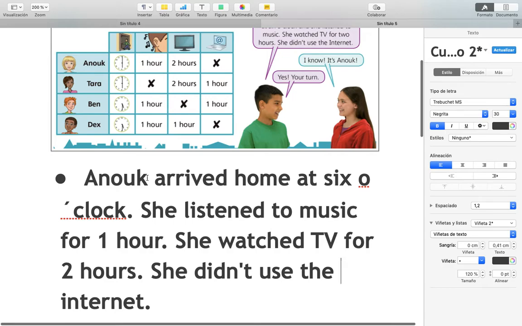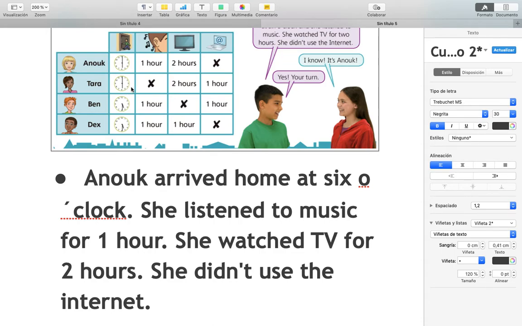I repeat again. Anouk arrived home at 6 o'clock. She listened to music for 1 hour. She watched TV for 2 hours. And she didn't use the internet. Now, let's talk about Tara. Tara, think, please, in silence. Tara arrived home at 6 o'clock.